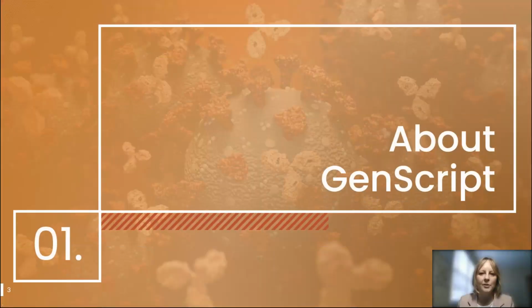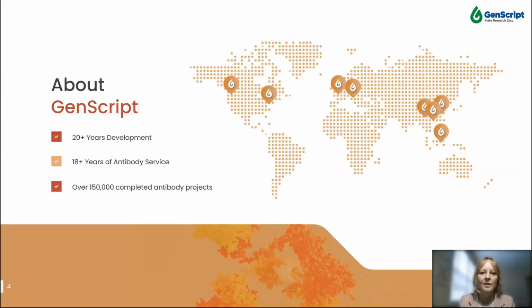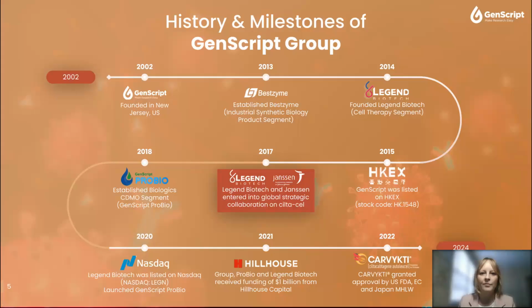So about GenScript, for those of you that may not be familiar with us, we have been around for over 20 years. Of those more than 20 years, over 18 have been dedicated to antibody service. And at the end of 2023, we had completed over 150,000 antibody projects. Here I have a slide showing our history and milestones of the GenScript group.